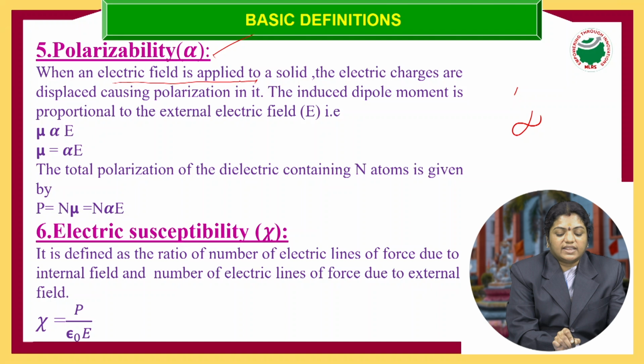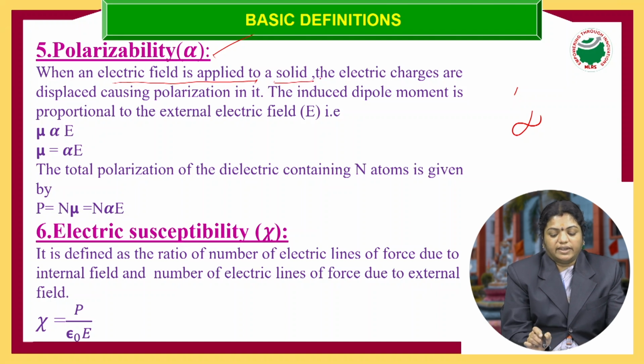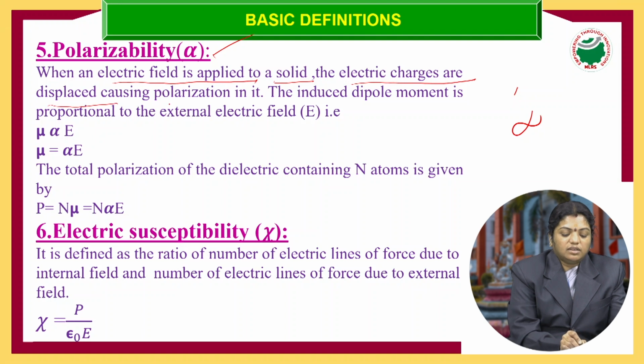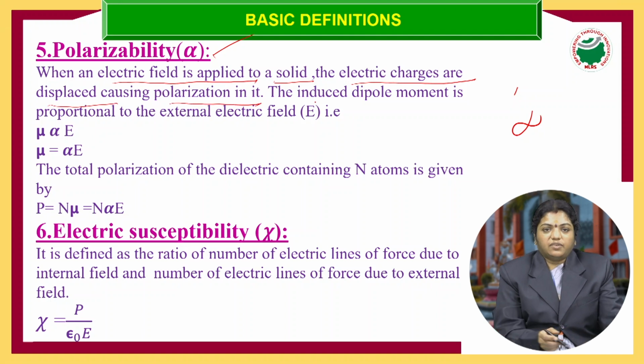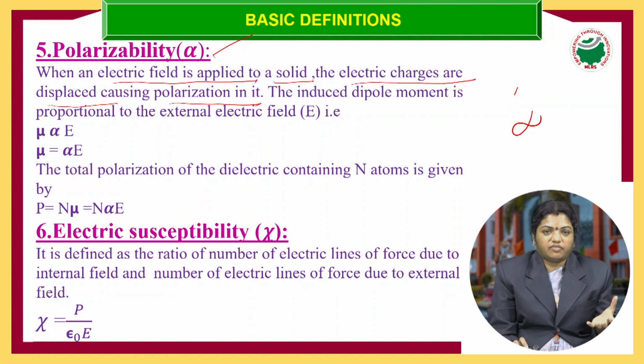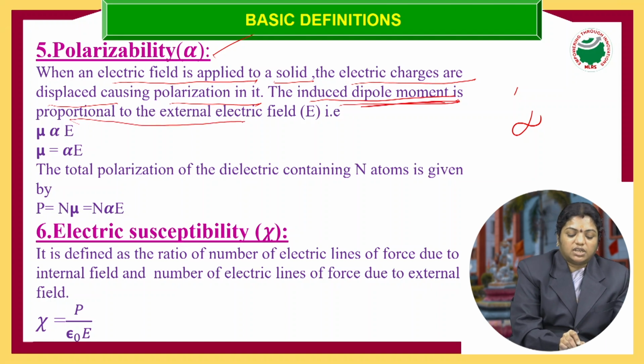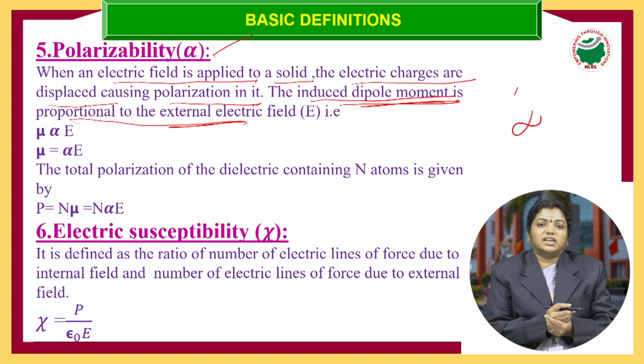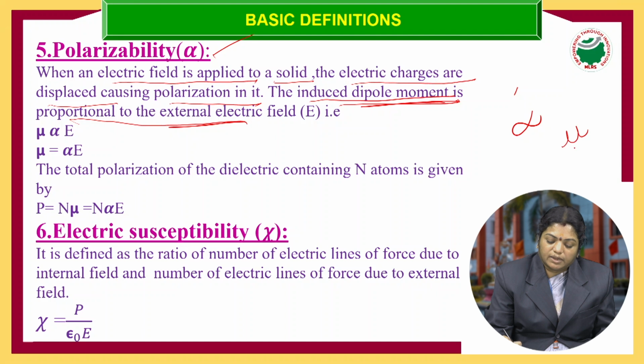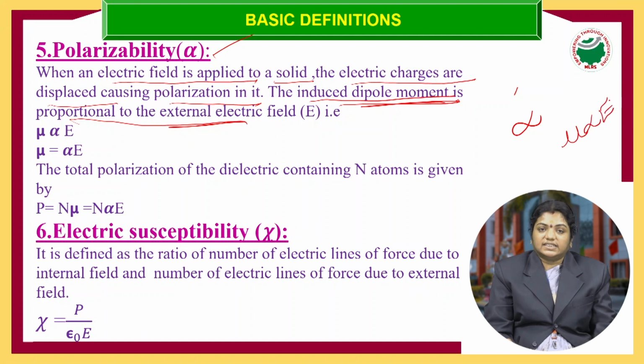When an electric field is applied to the solid, the electric charges are displaced, causing polarization in it. Already we have explained, right? In the presence of the electric field, the dipoles are created. The induced dipole moment mu is directly proportional to the applied external electric field.